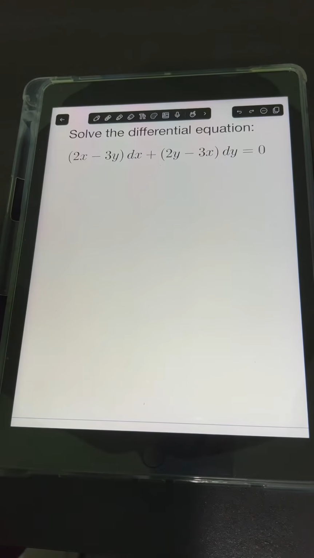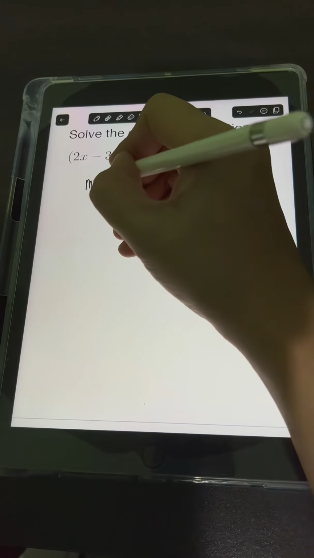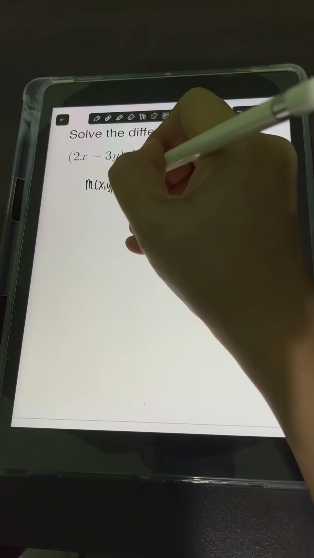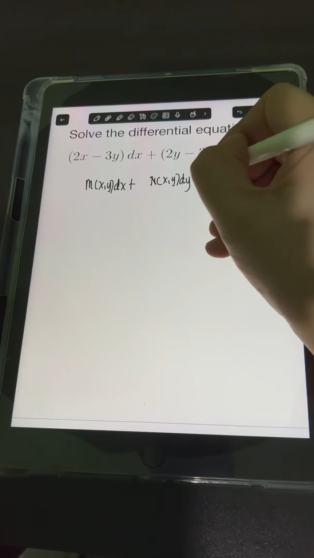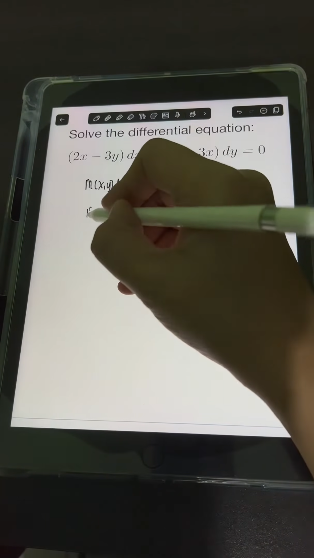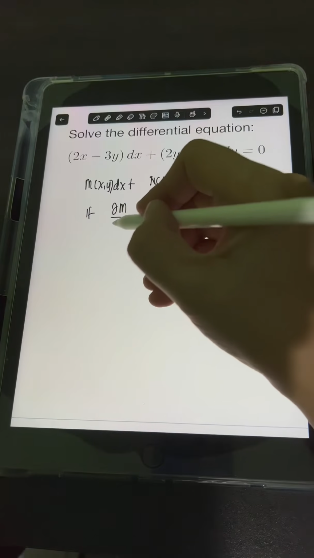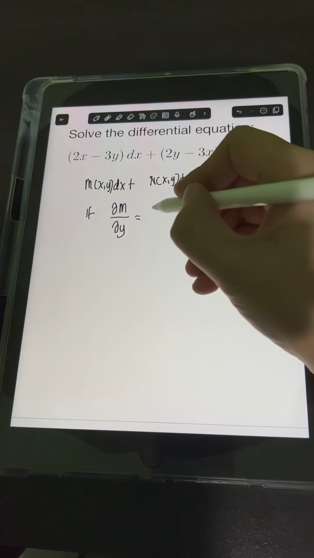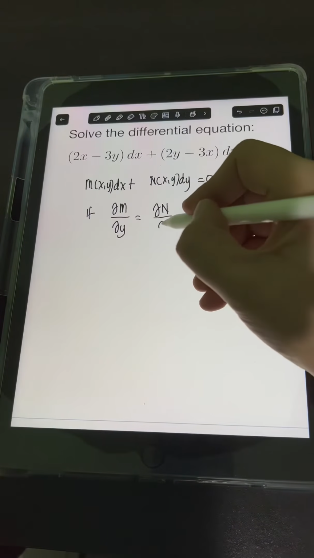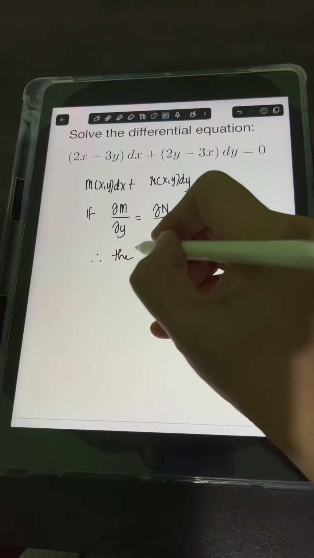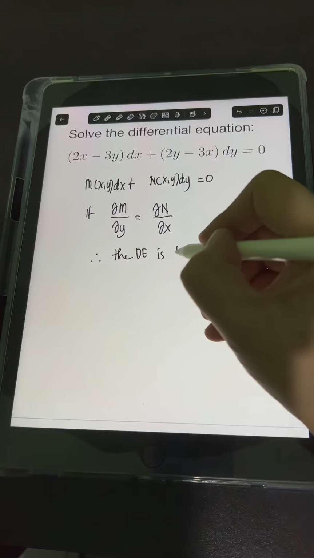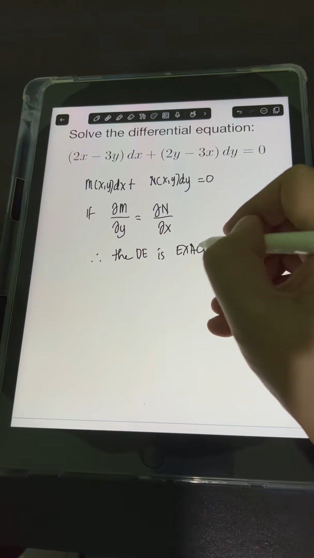Given any differential equation of the form M(x,y) dx + N(x,y) dy = 0, if the partial derivative of M with respect to y is equal to the partial derivative of N with respect to x, therefore, the DE is exact.